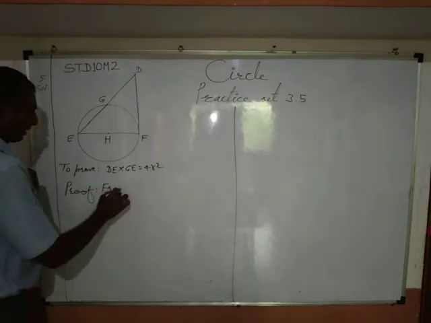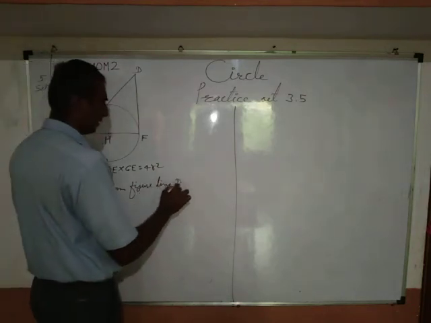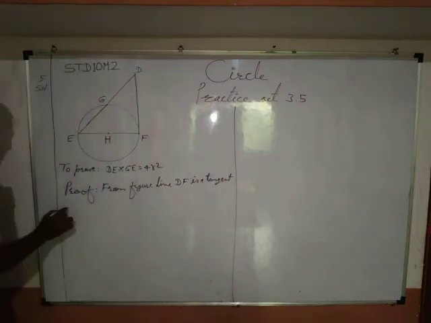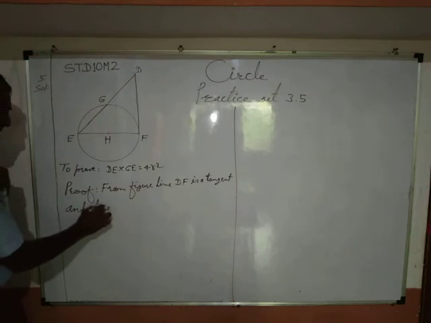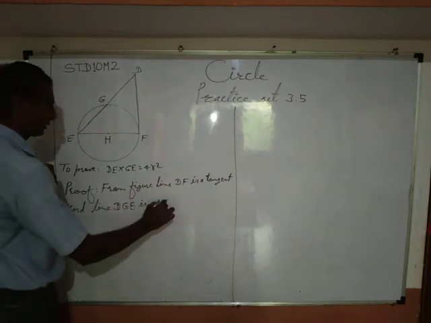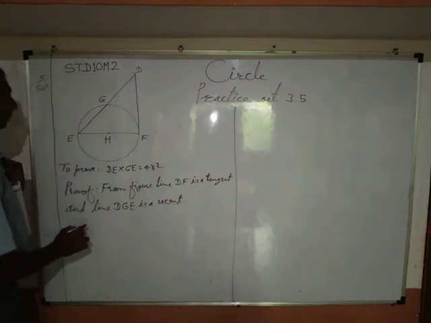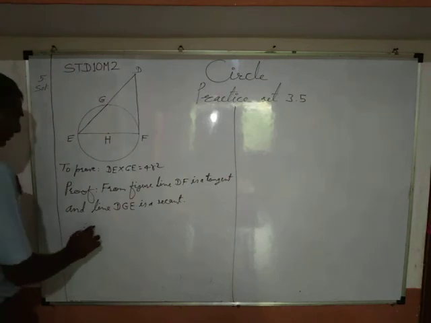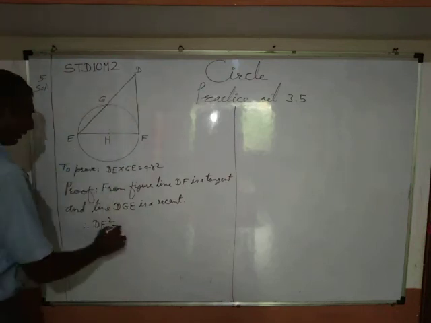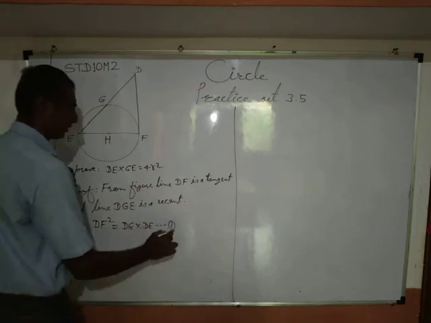Therefore DF square equals DG into DE. Equation first.